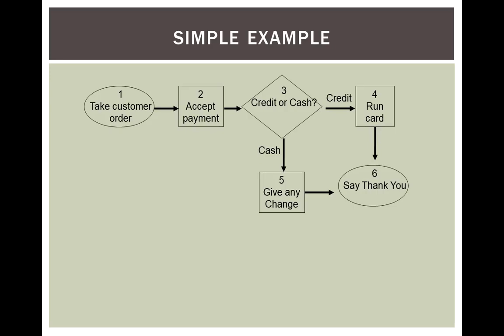But maybe we're in a mom and pop type place that doesn't have a high-end point of sale, and their credit card processing machine is actually separate from their point of sale. In that case, this would be much more detailed. First you swipe the card, and then it asks, do you want to run this as debit or credit? The customer is going to enter their choice.